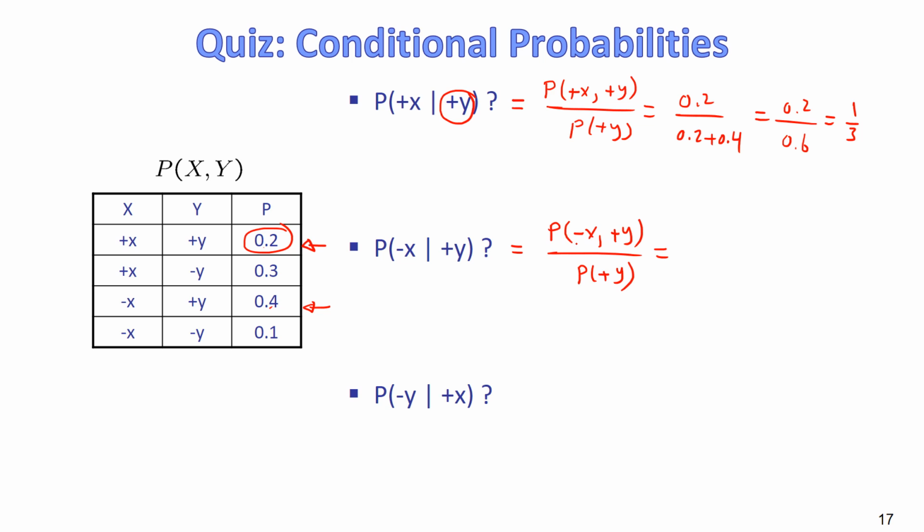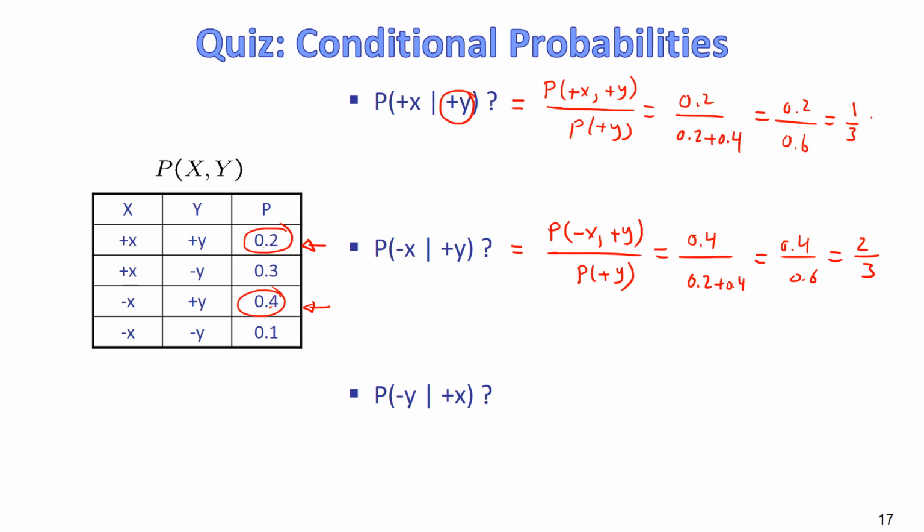Which row is that? Minus x and plus y, so that's 0.4. That's 0.4 divided by 0.2 plus 0.4. So this is 0.4 over 0.6, which is 2 divided by 3.